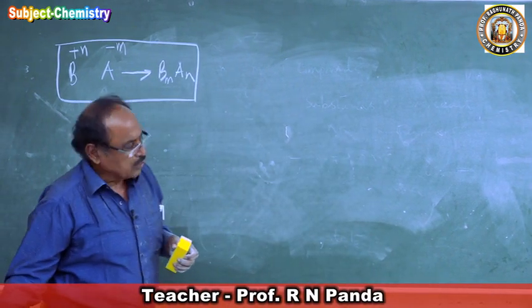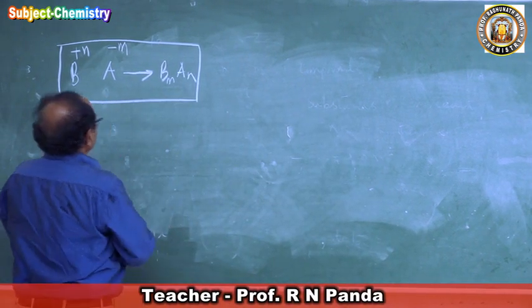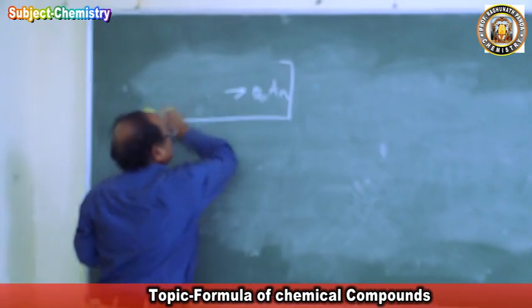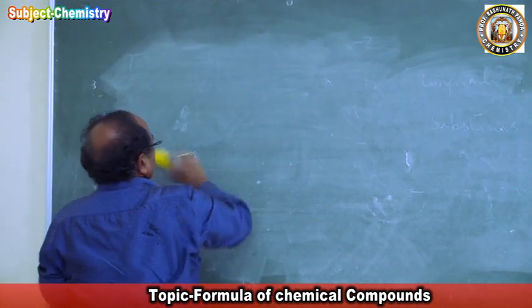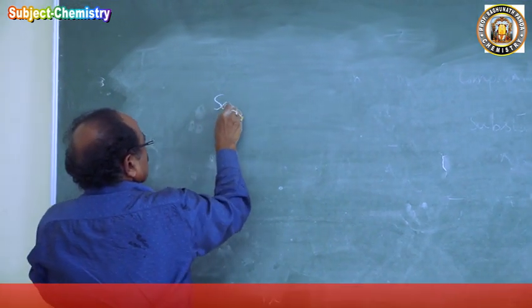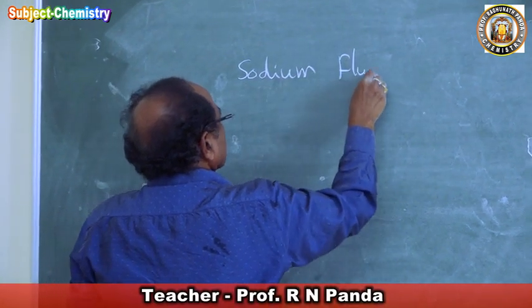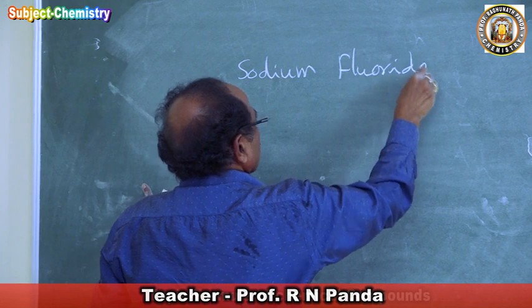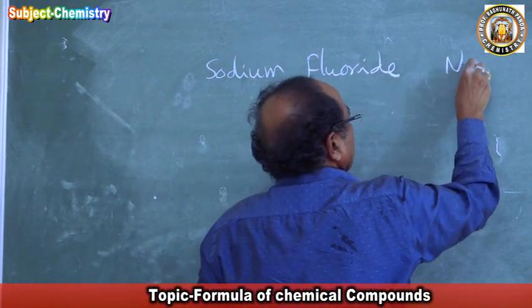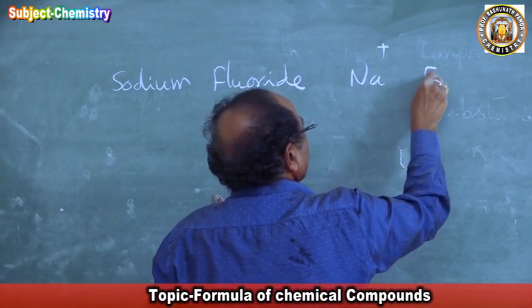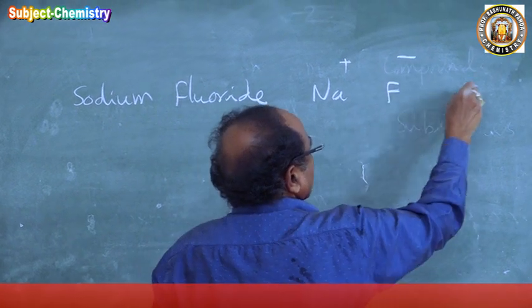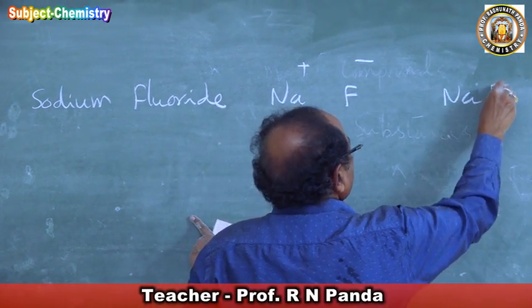So let's take sodium. We'll write the basic radical. We take sodium fluoride. We want to write the formula for sodium fluoride. Sodium is Na plus, F is F minus. So the formula will be NaF.